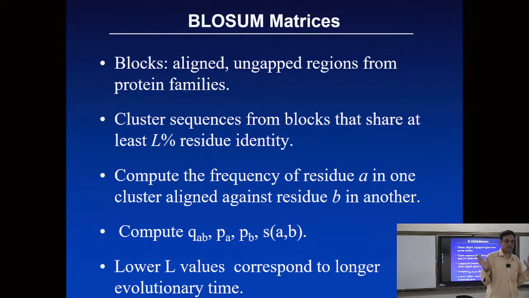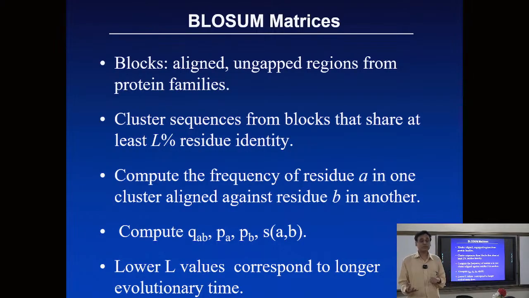related due to ancestry. And currently the BLOSUM 62 matrix is used. The default matrix in BLAST is BLOSUM 62. So, what does BLOSUM 62 represent? 62%?